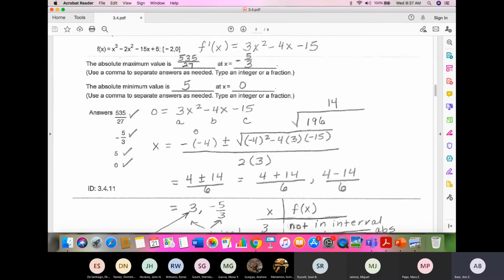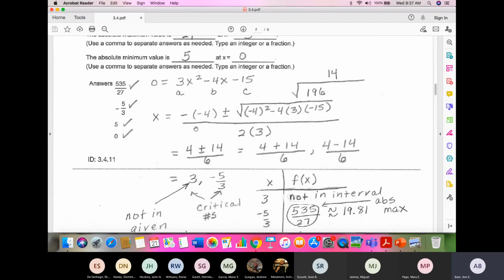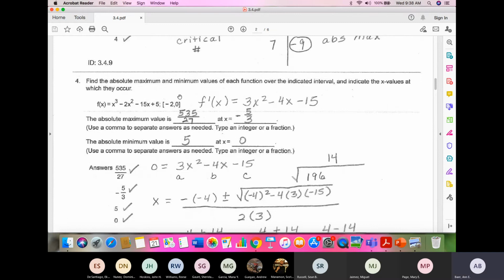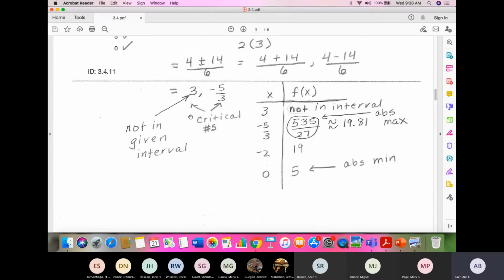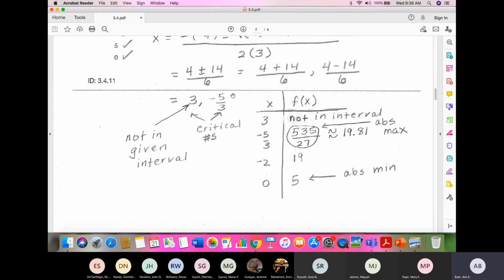Then the other one, -5/3, as a decimal is, if I round, -1.7, which is definitely in this interval. So we definitely want to consider this critical number right here. I just emphasized again that 3 is not in the interval, so we can ignore that.